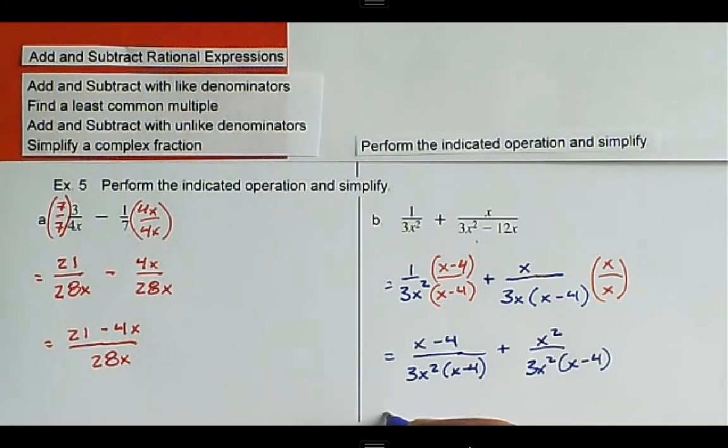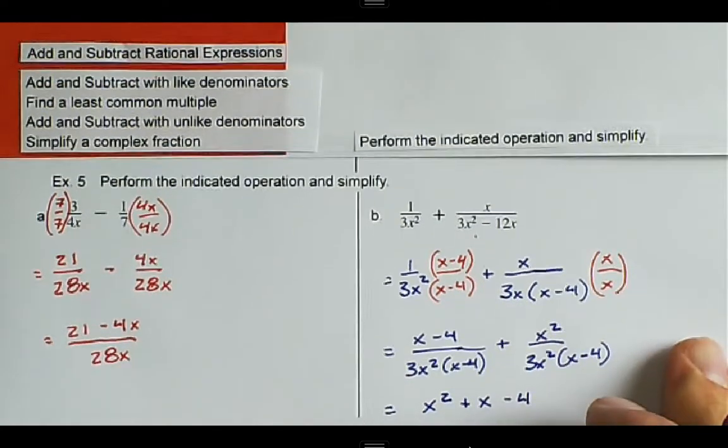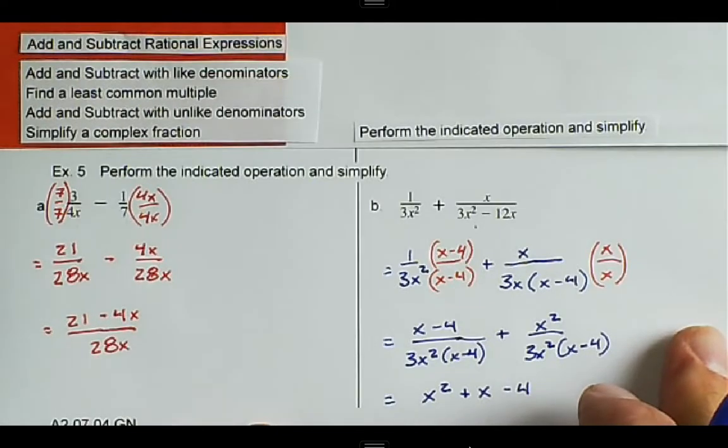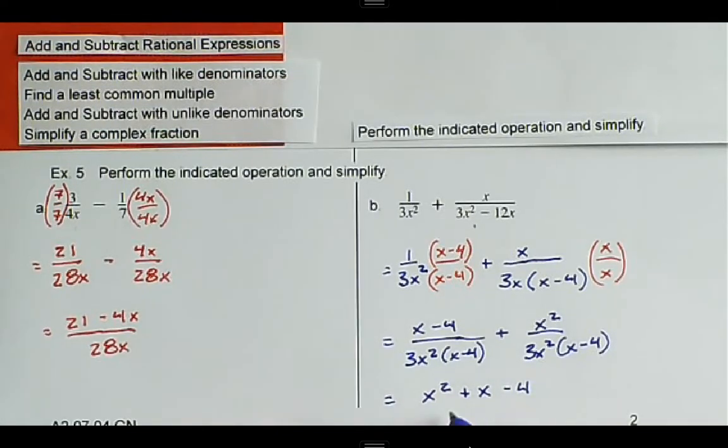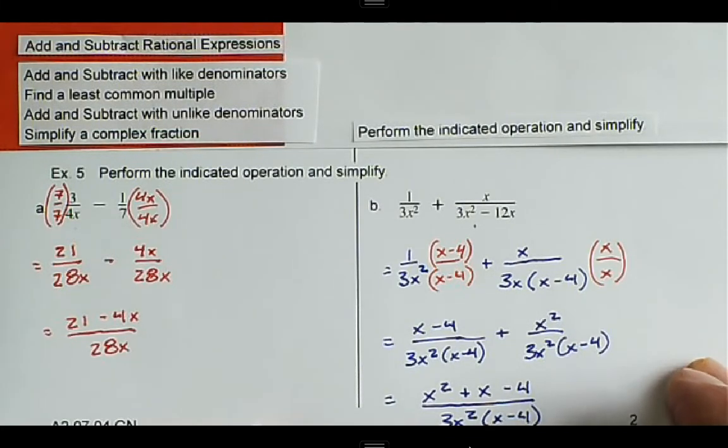So we end up with x squared plus x minus 4. And then our denominator is going to stay the same, and we're going to get 3x squared times x minus 4. And then that is in our simplest form.